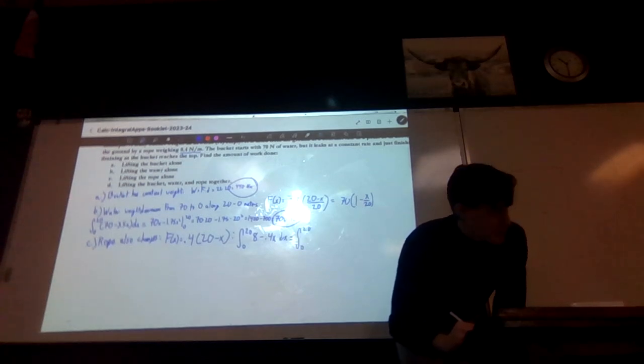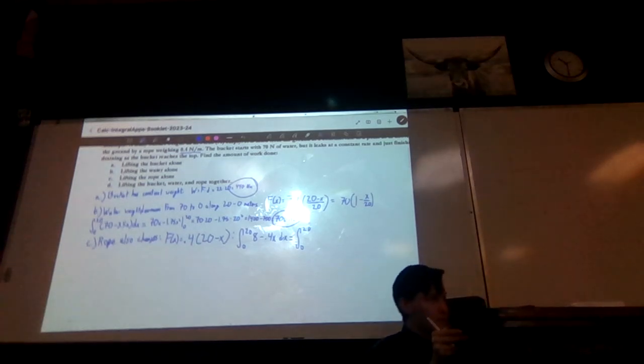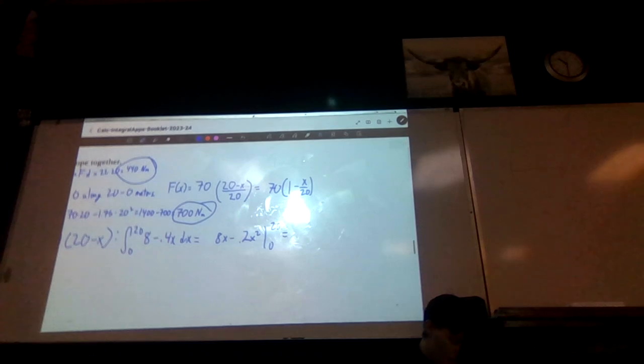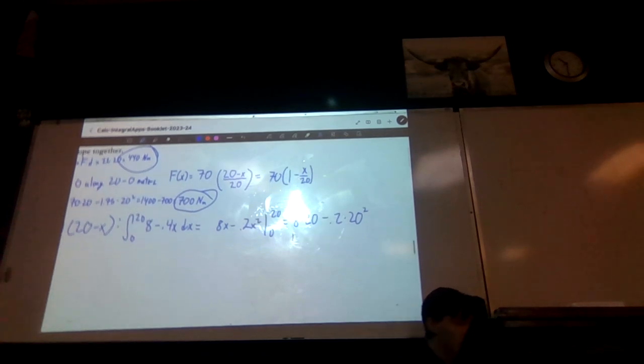Jillian, what's the integral of this? 8x minus 0.2x squared. Very nice. We can just get rid of the 0 again. This will equal 8 times 20 minus 0.2 times 20 squared, which gives me 160 minus 80, which equals 80 joules.